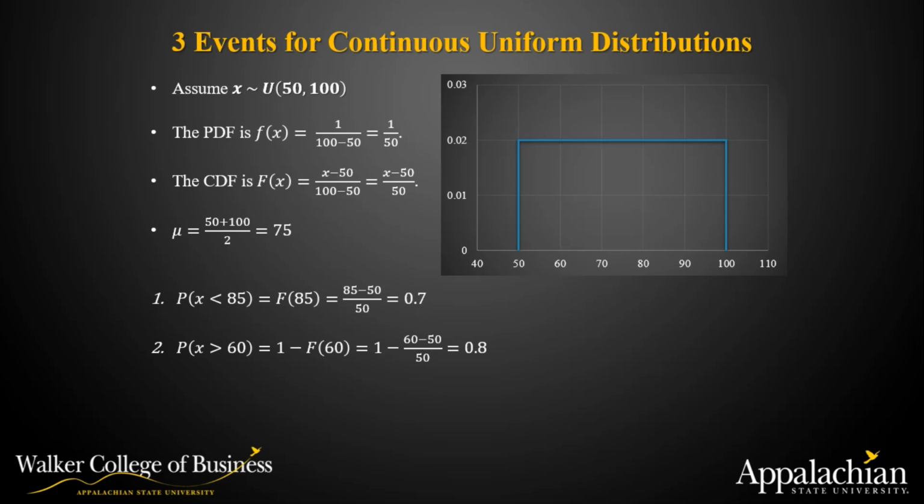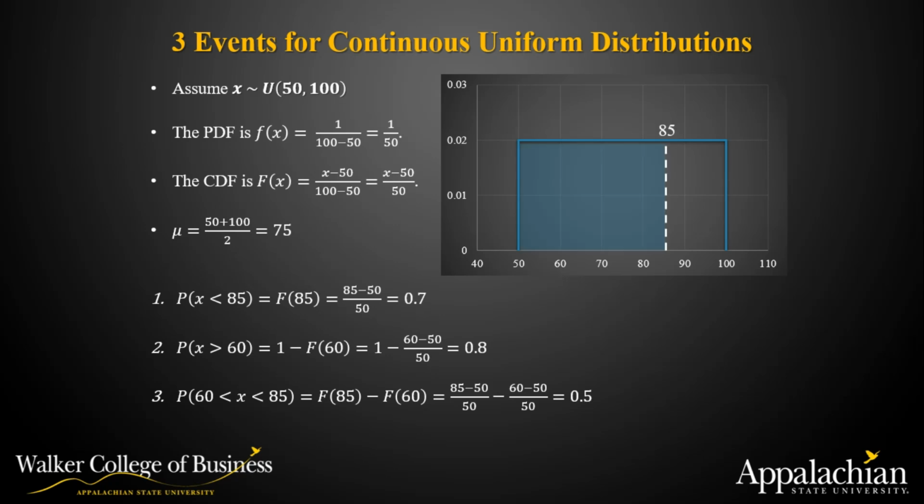And then lastly, the third type of event that we look at is the probability that x falls between two values. In this example, we're going to calculate the probability that x falls between 60 and 85. To do this, we're going to first calculate the probability of getting less than 85, which is just capital F evaluated at 85, and subtract from that the chances of getting less than 60, capital F evaluated at 60.